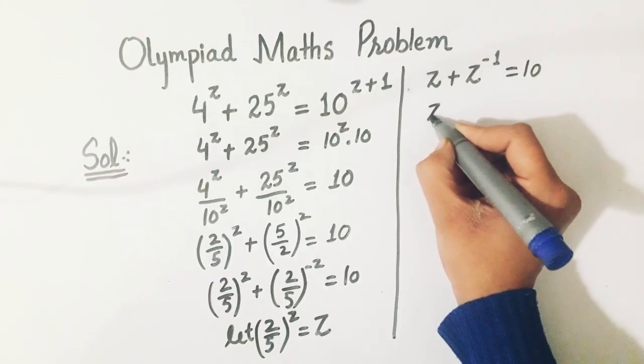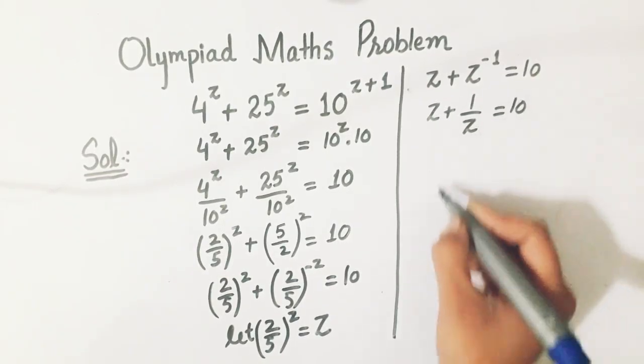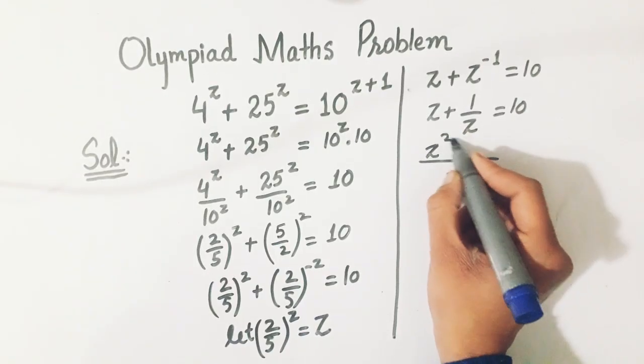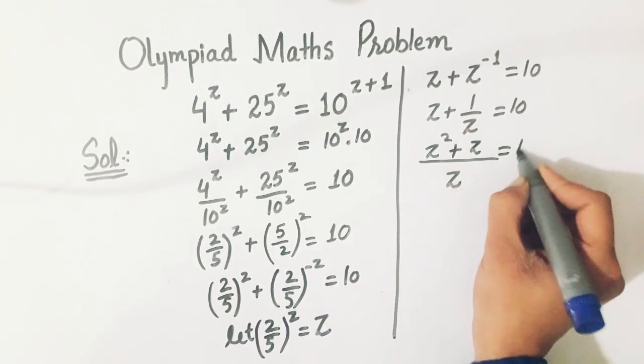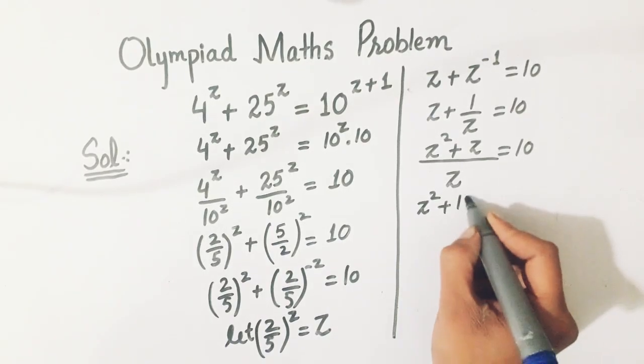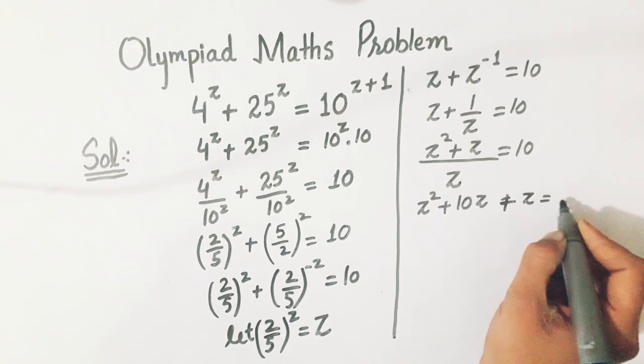So we can write Z plus 1 by Z equals 10. Now take the LCM, that is Z. So Z into Z is Z square plus 1 equals 10 Z.